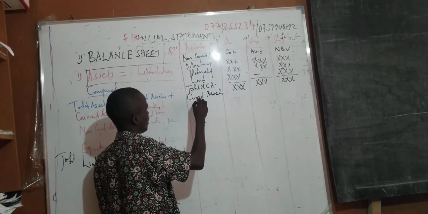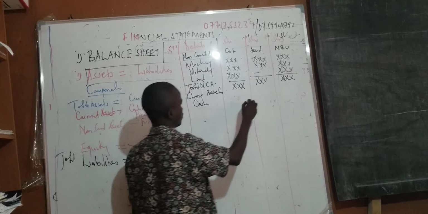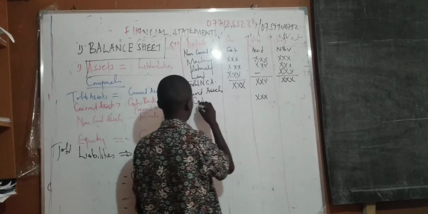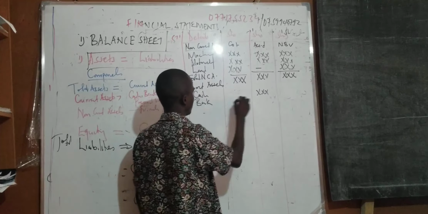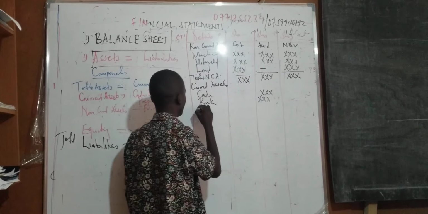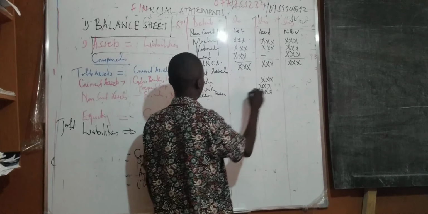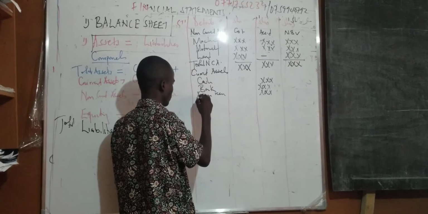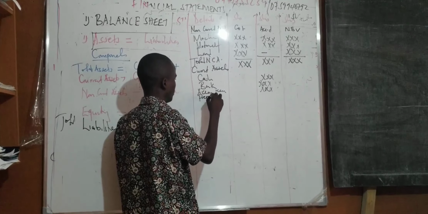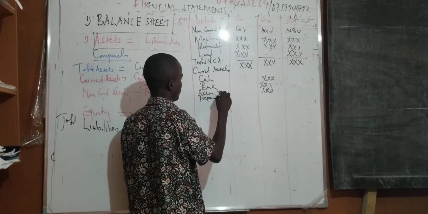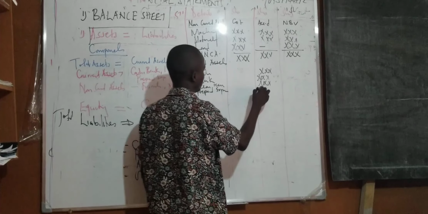So you have your cash, you have your bank, you have your accounts receivable, you have your prepaid, maybe some other prepaid expenses.